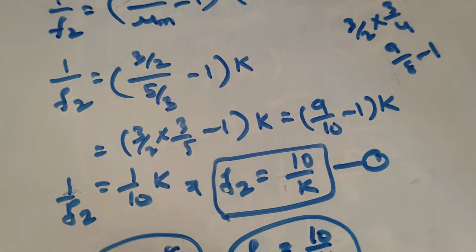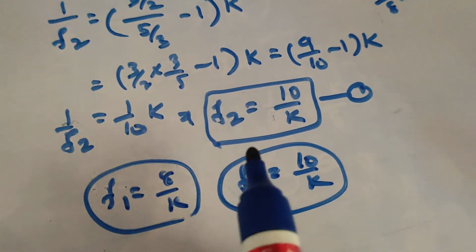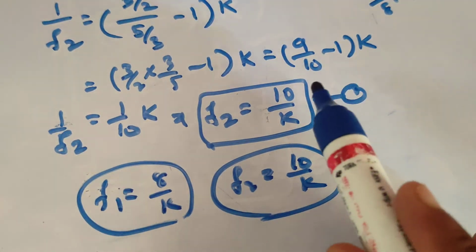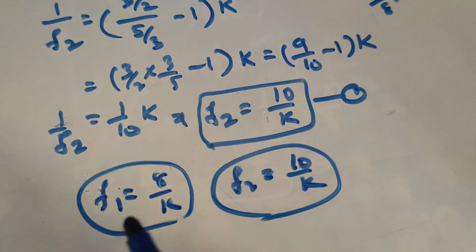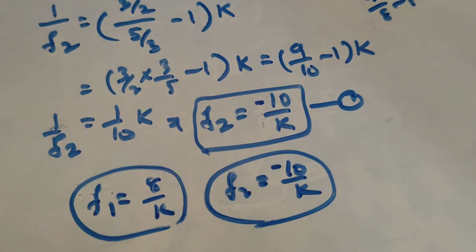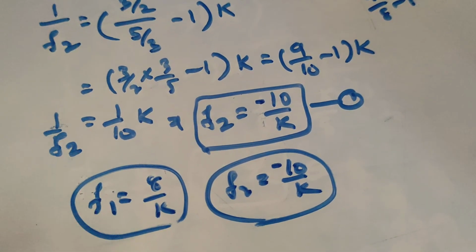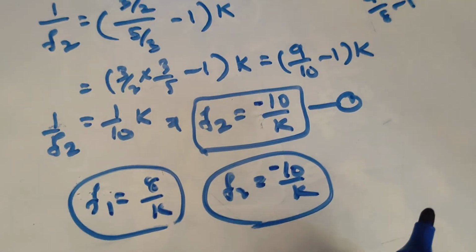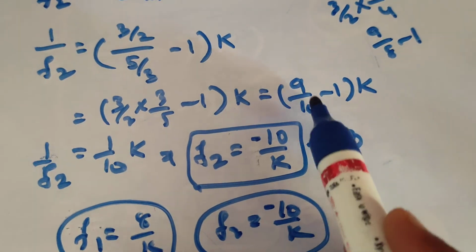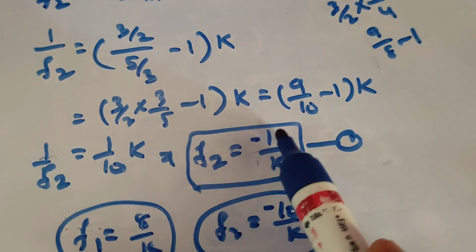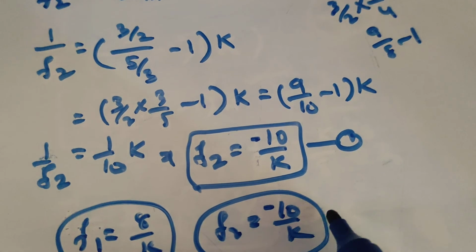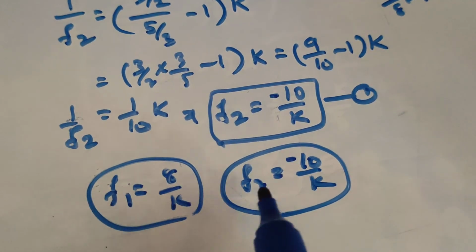What is the relation between f1 and f2 now? See, f2 we got 10 by k and f1 8 by k. But look here: for f2 we got 9/10 minus 1, so that will be minus, giving minus 10 by k. So the f2 value we are getting is negative, and f1 is positive.